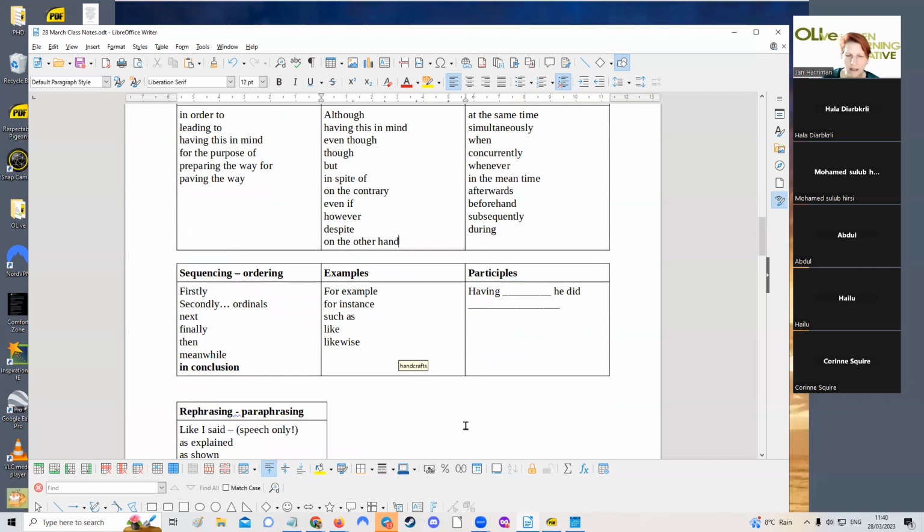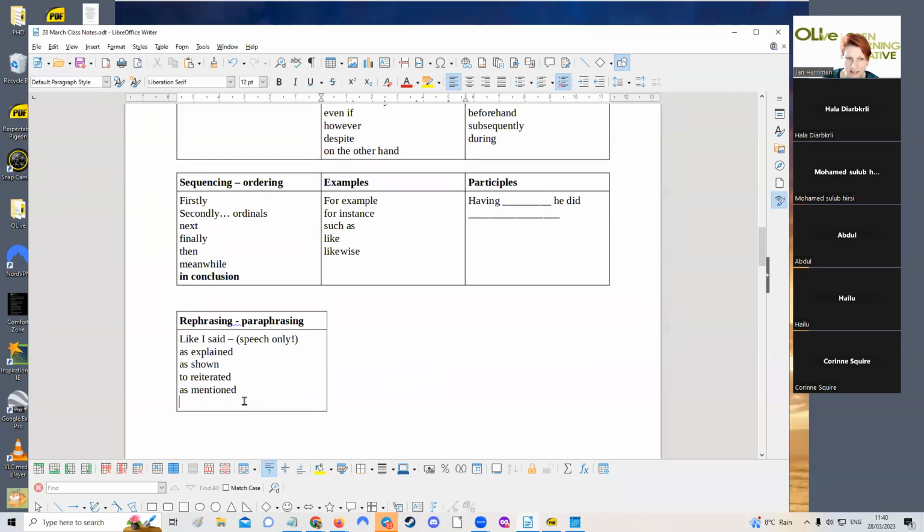In my opinion is absolutely a phrase that you will use in the exam, as a marker that you understand the task, because you are asked to give your opinion when you do some kind of subjective writing. Do you put in my opinion in task 1 or task 2?